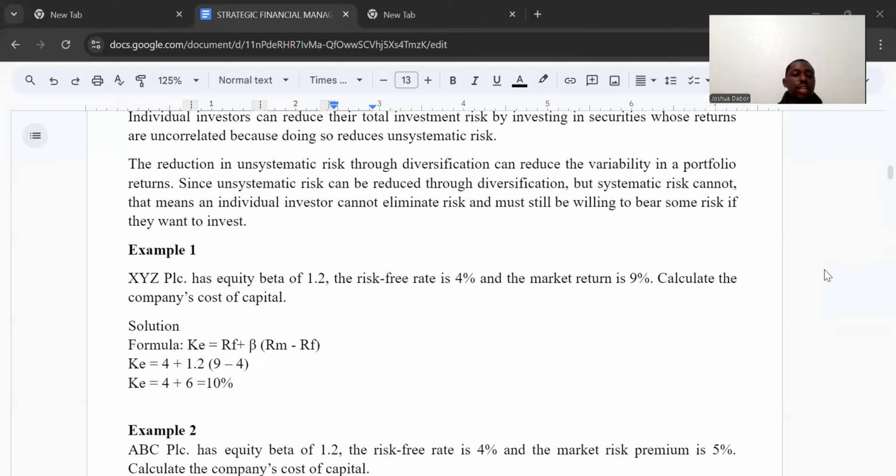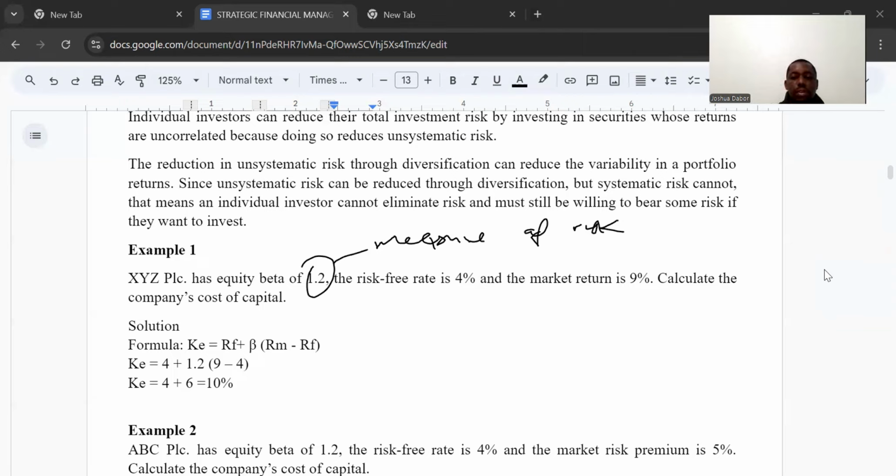So let's look at this example. XYZ PLC has a beta of 1.2. This is the measure of risk, the beta factor.